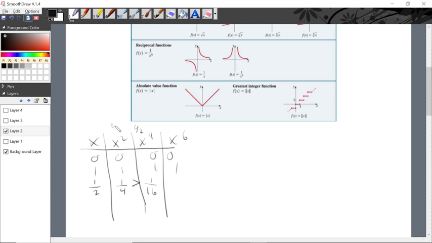The y value of x to the fourth is going to be less than the y value of x to the second when we choose x equal to 1/2. So it's closer to the x-axis, because the x-axis would be where y is equal to 0.